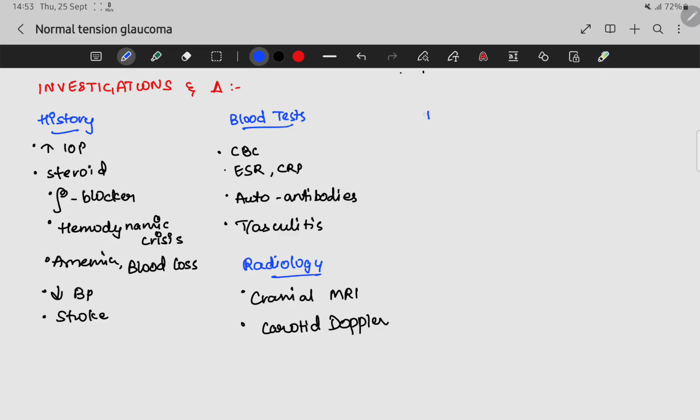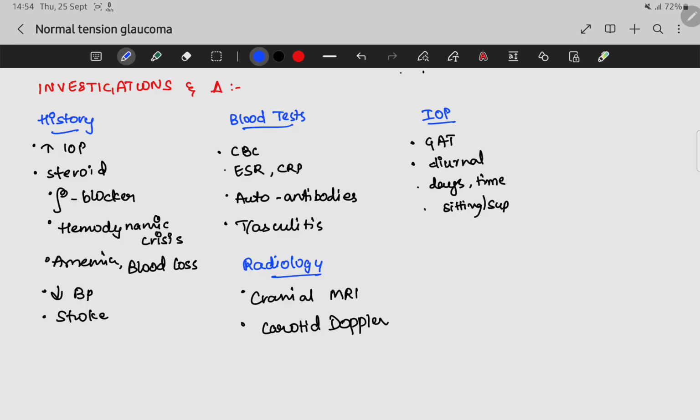So we have to first measure intraocular pressure. It should be done by GAT, and we have to measure diurnal variation on different days, at different times, and in sitting and supine positions.